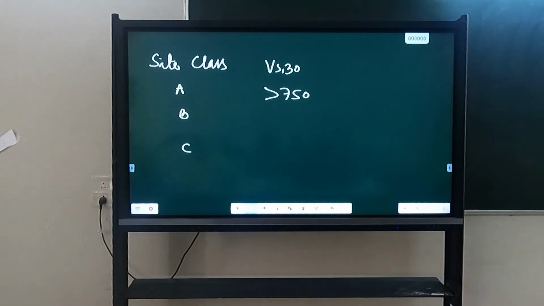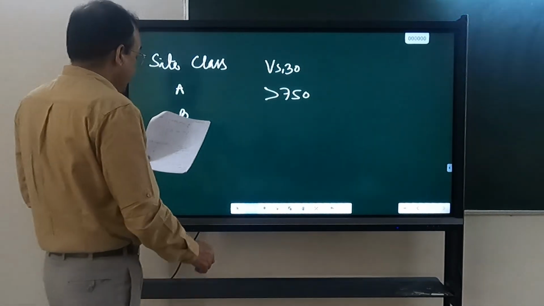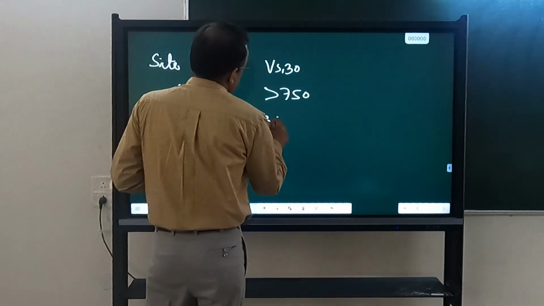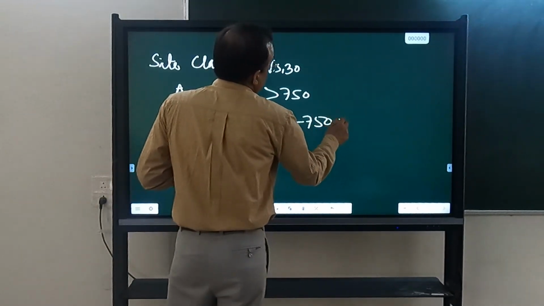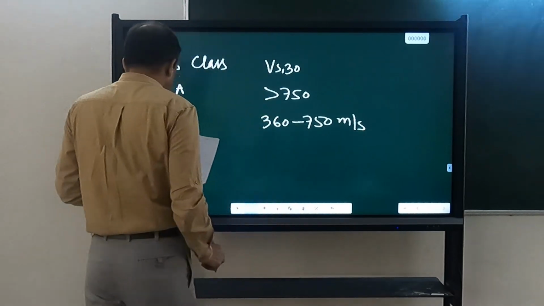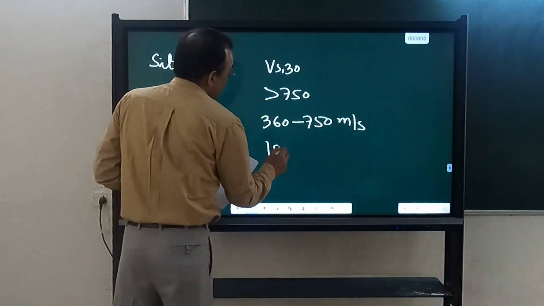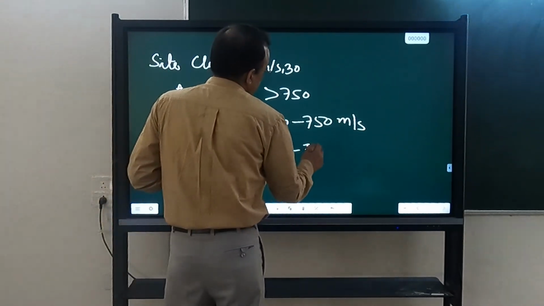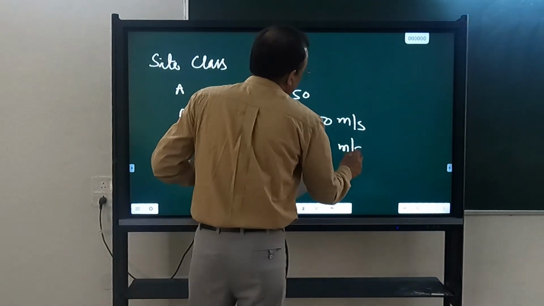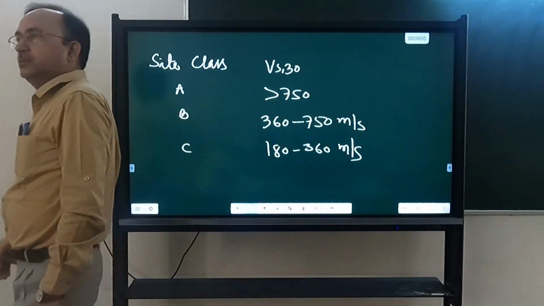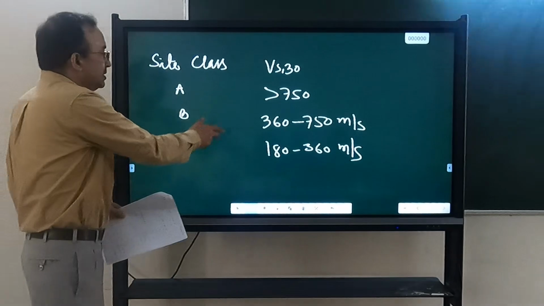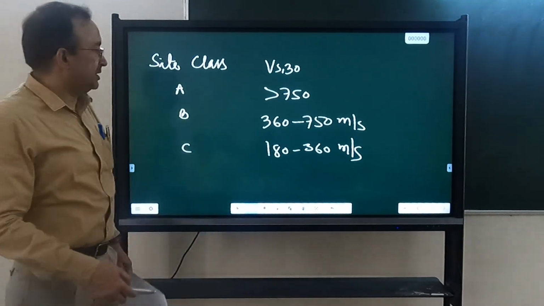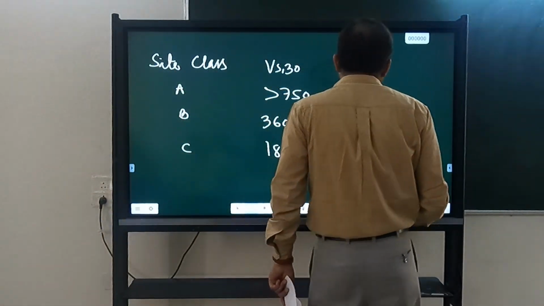Class B has Vs30 of 360 to 750 meters per second, and C is 180 to 360. There are even more classes, you can have less than 180 also, but these are the three major classes they considered.